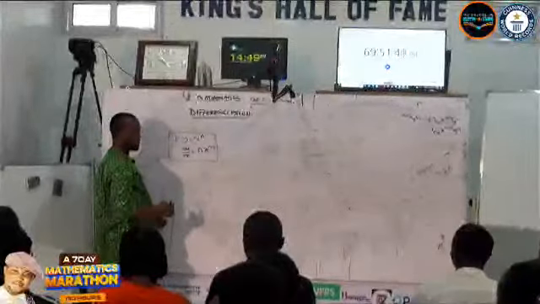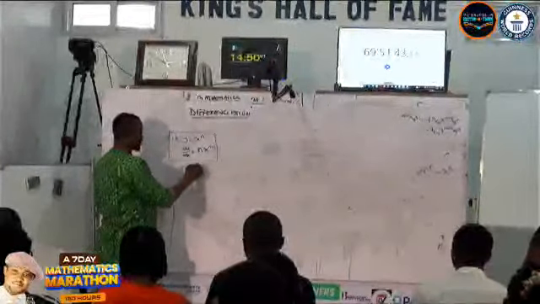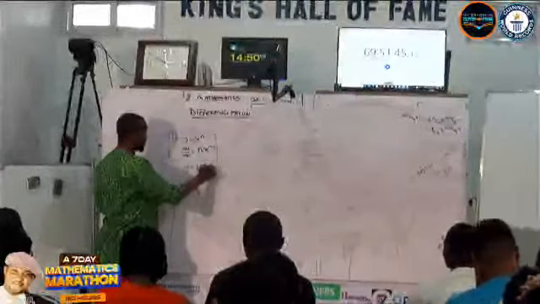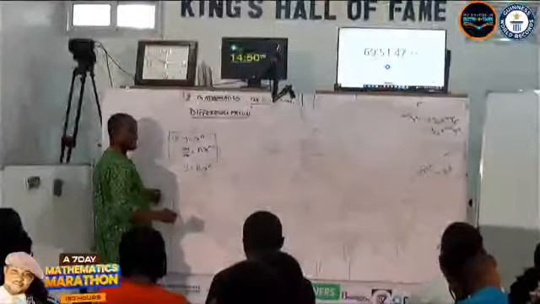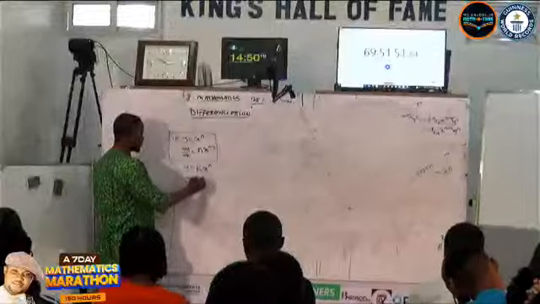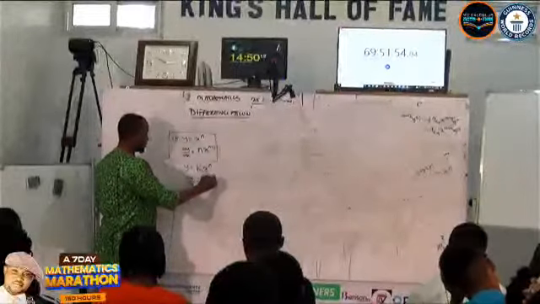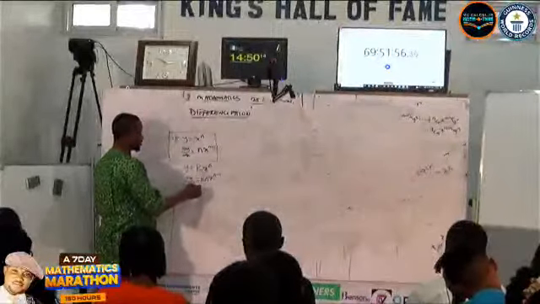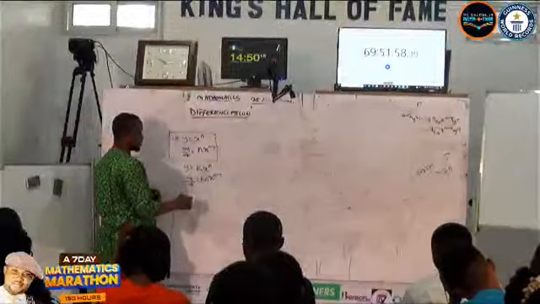So if y equals k x^n, dy/dx equals k n x^(n-1), that's a constant, bring it down.